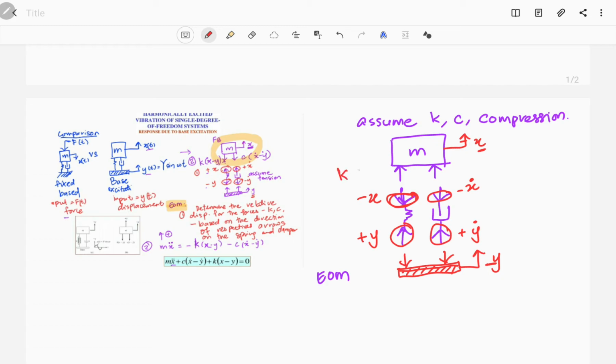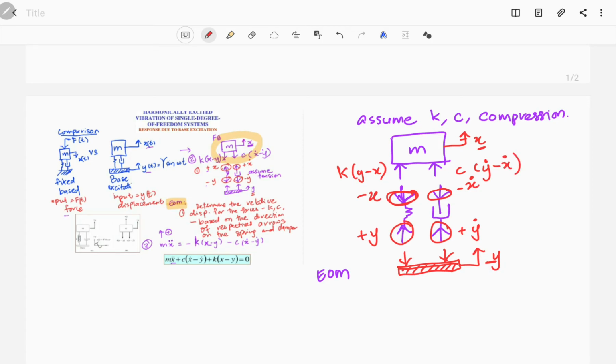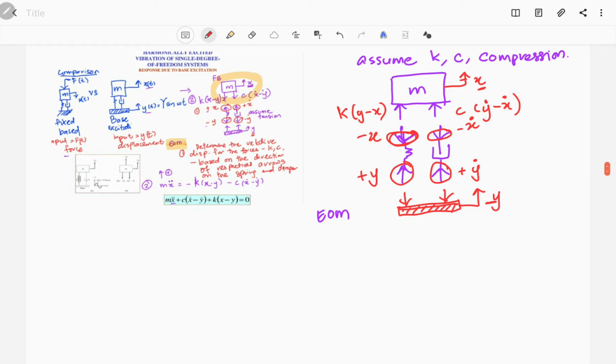It's basically K (Y minus X), and the same for C, which you have to write as C (Y dot minus X dot). From there, only then can you write your equation of motion, which is based on these two forces. There are only these two forces related to your EOM.